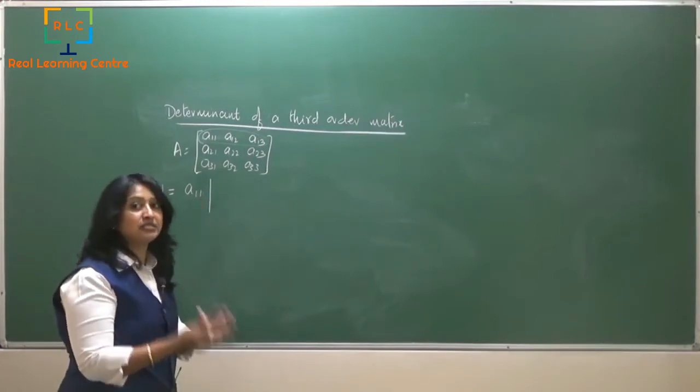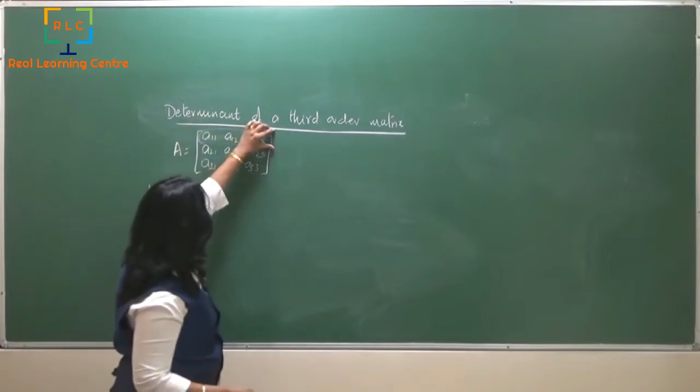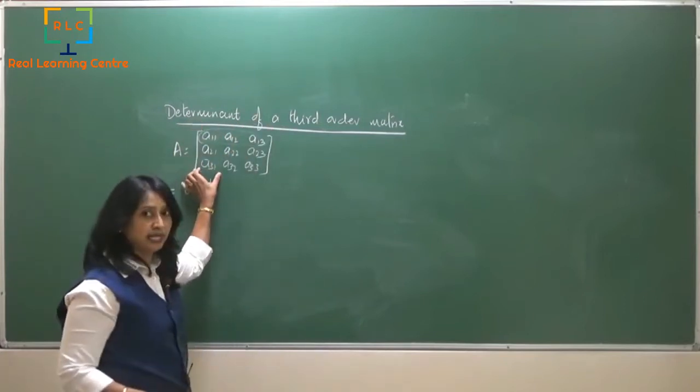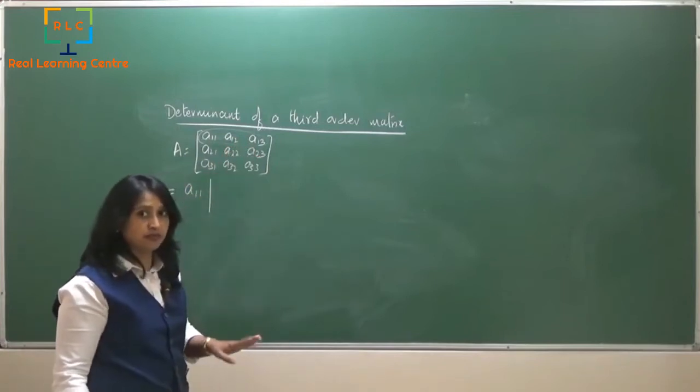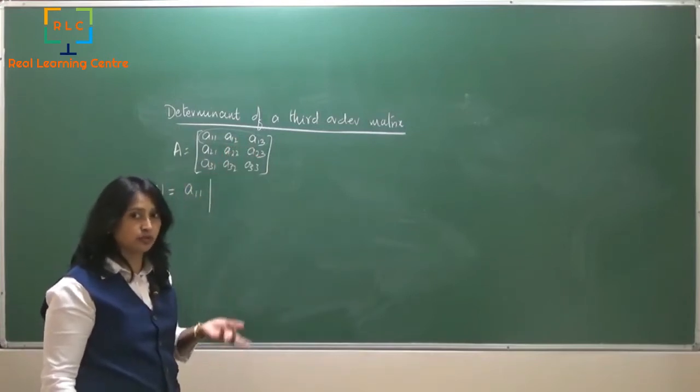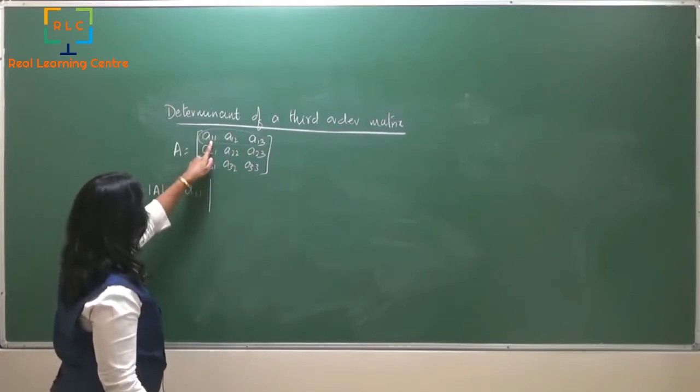In a simple way, where A11 is present, that row and that column you neglect and take the determinant of the remaining 4 elements, which will form a second order determinant. I told you the foundation is the second order determinant only. So I have taken A11.